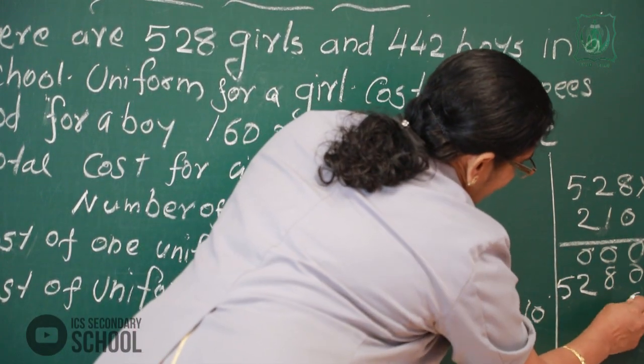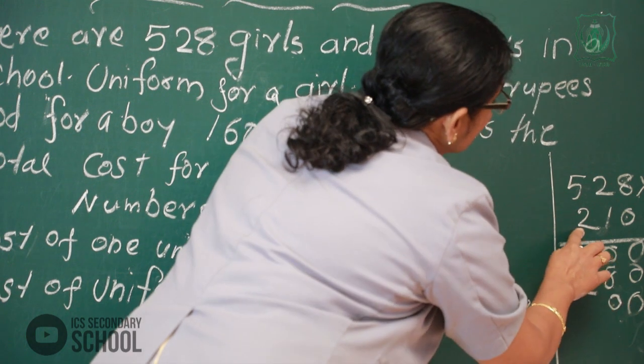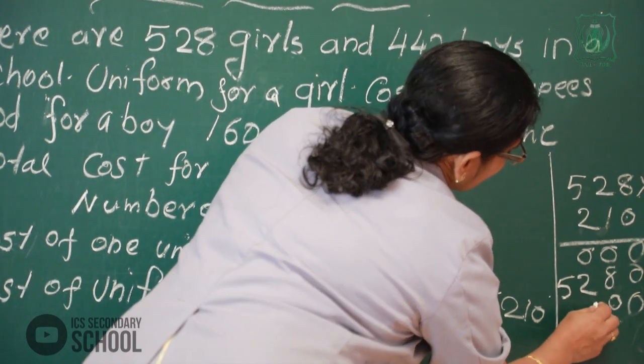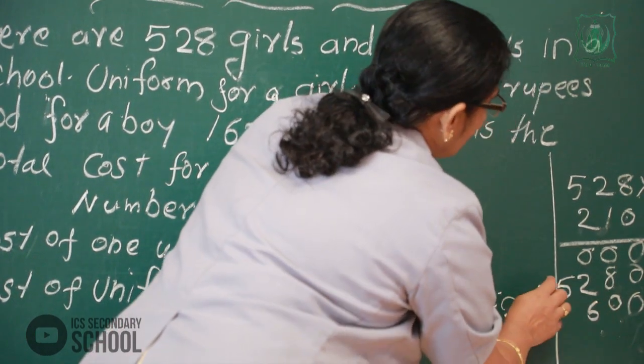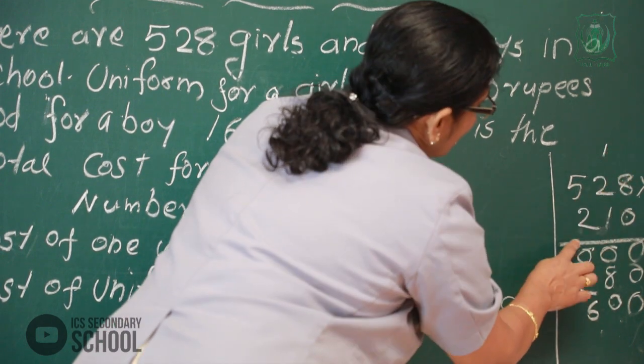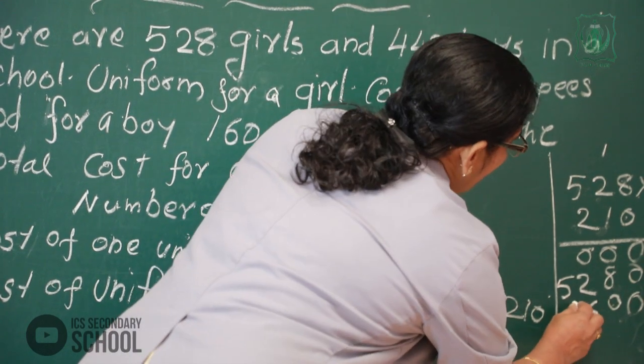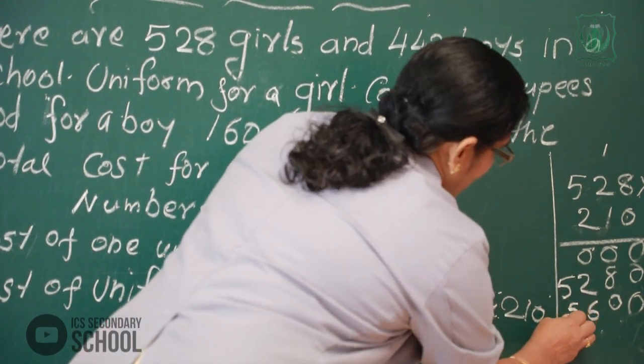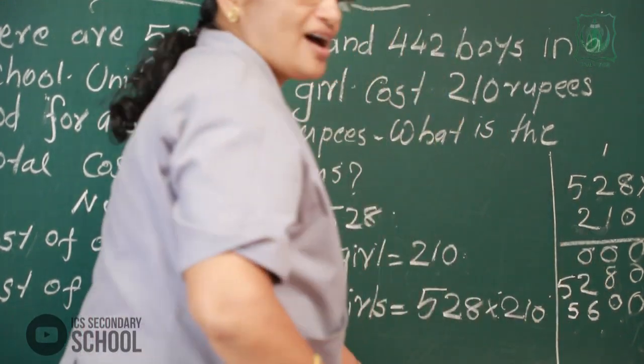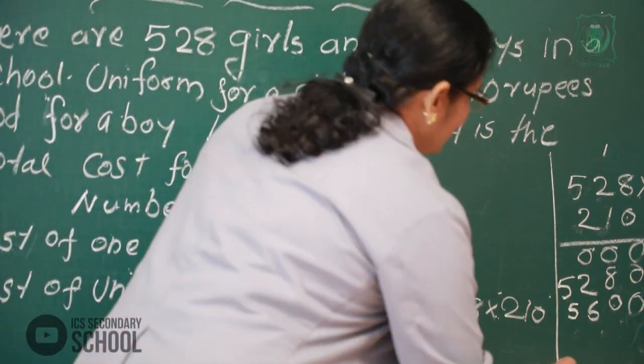Multiply. 2 8s are 16, 1 balance. 2 2s are 4, 4 plus 1, 5. 2 5s are 10.